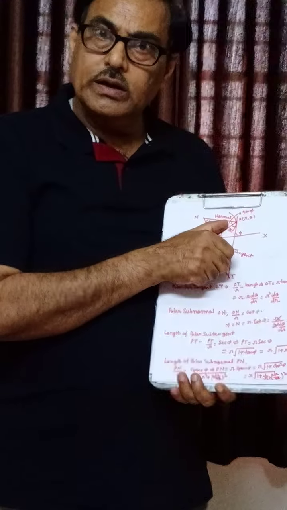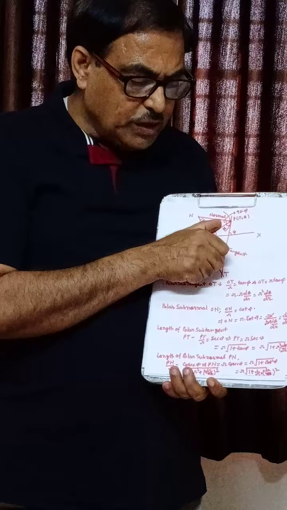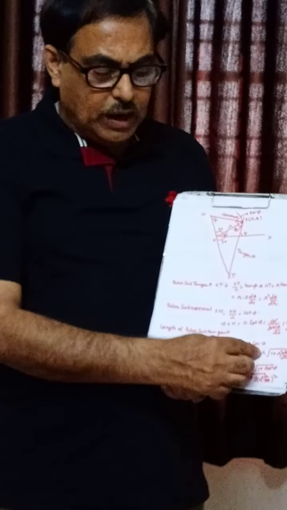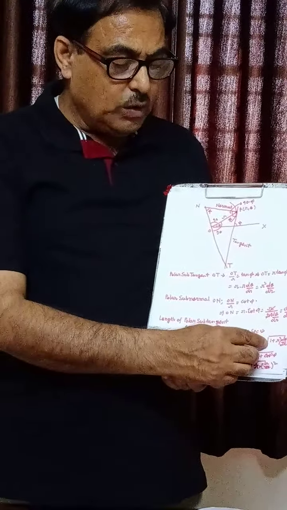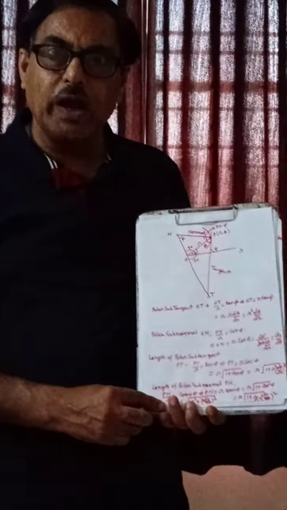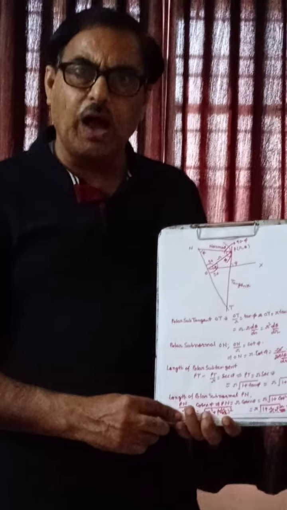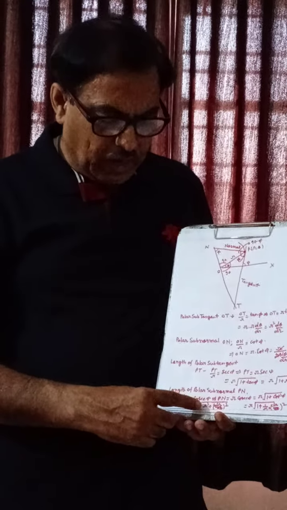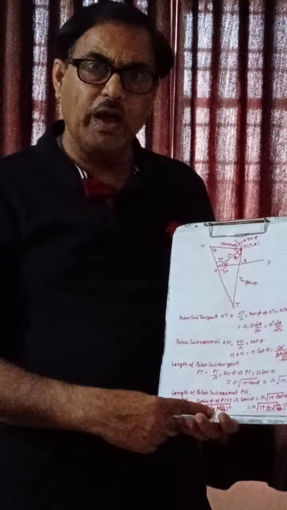PT is the length of the polar subtangent, and it comes out r under root 1 plus r² (dθ/dr)². And last, PN is the length of the polar subnormal, and it comes out square root of r² plus (dr/dθ)².